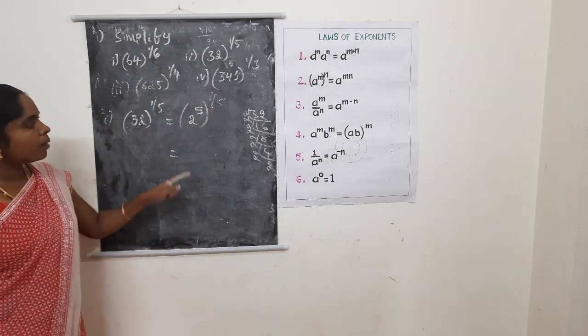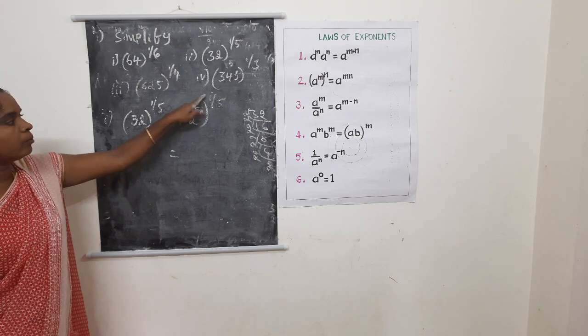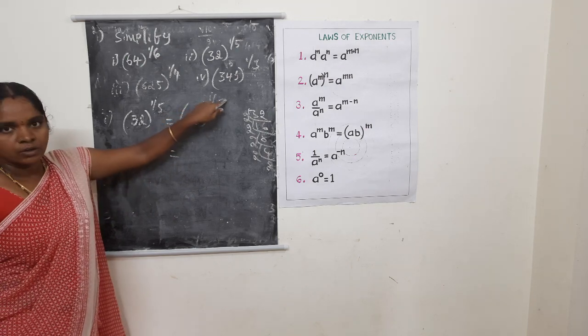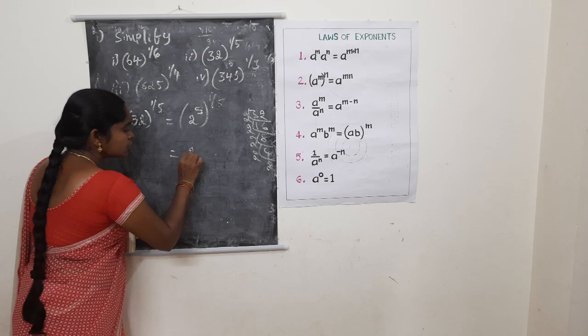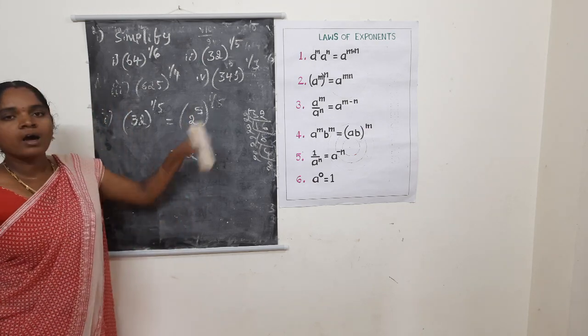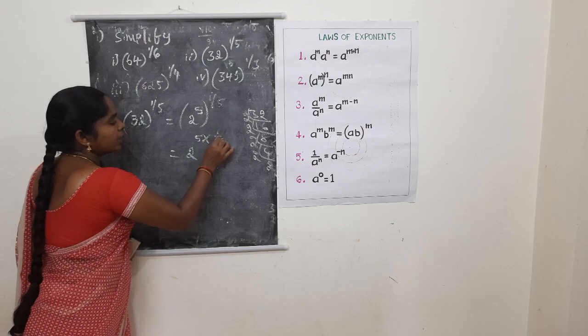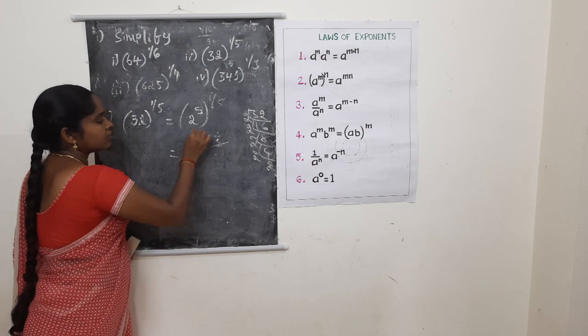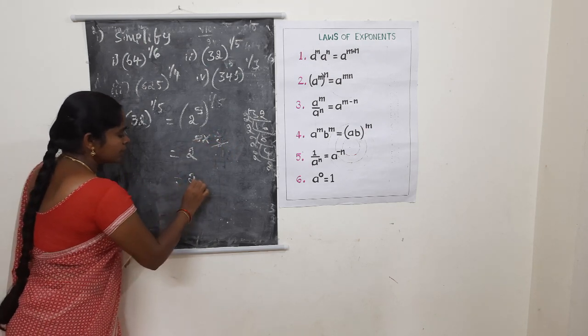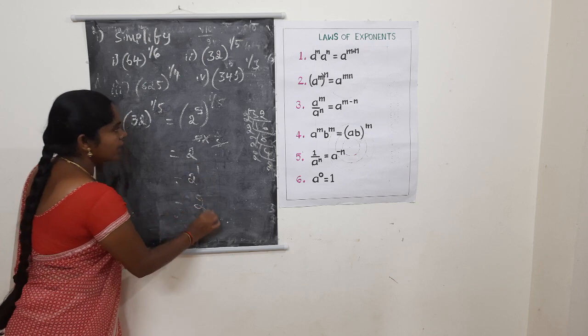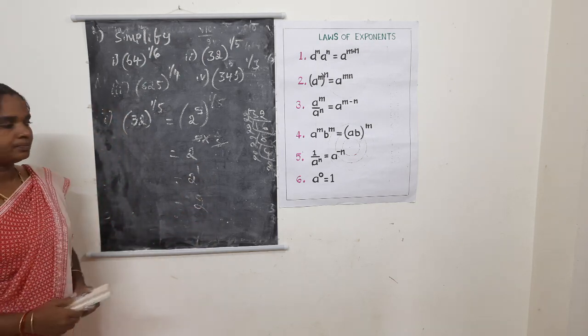Again, this is in the form of (a to the power of m) whole to the power of n. So that can be written as 2 to the power of the product of exponents, 5 into 1 by 5. This 5 cancels, so 2 to the power of 1, and 2 to the power of 1 value is 2.